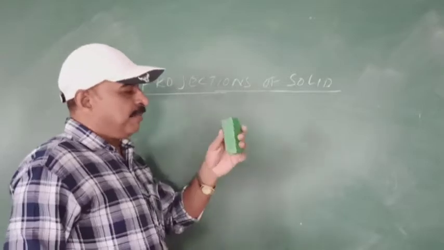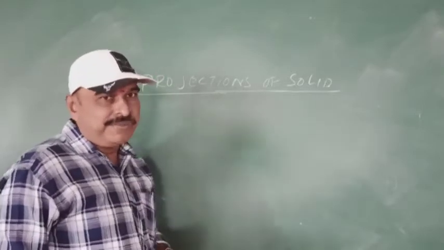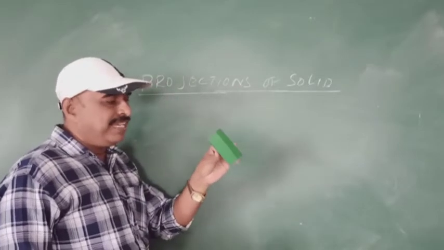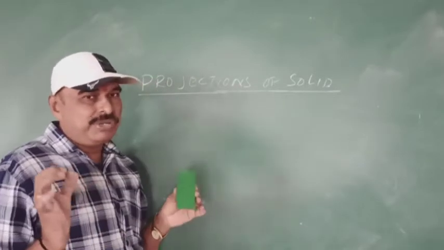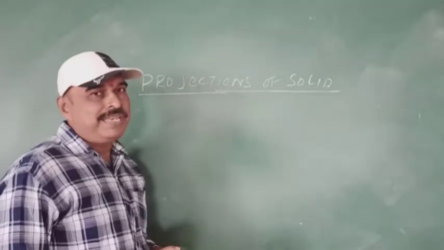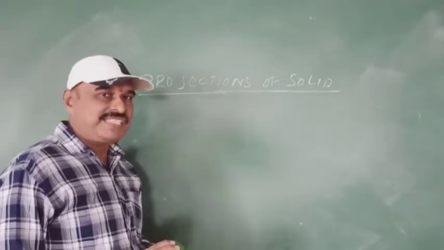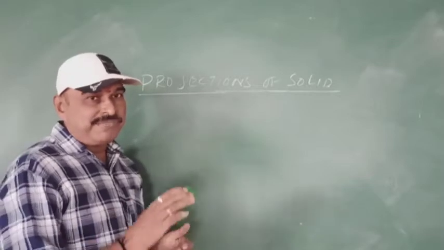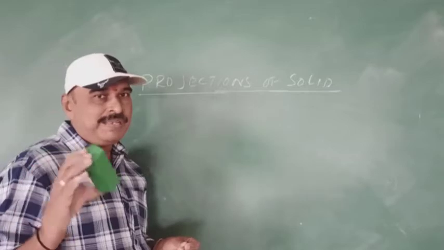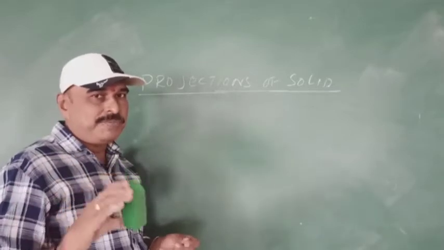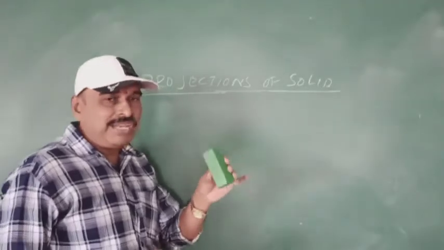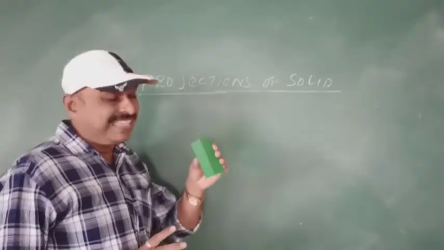So now, positions of the solid. There are different positions in which a solid can be placed in the first quadrant. In planes we gave importance to the surface of the plane parallel to VP, parallel to HP, inclined to HP, inclined to VP, like that. But in solids, we give importance to the axis.